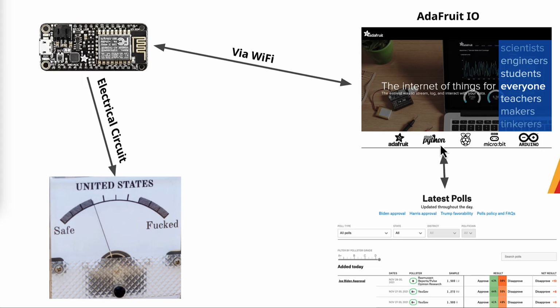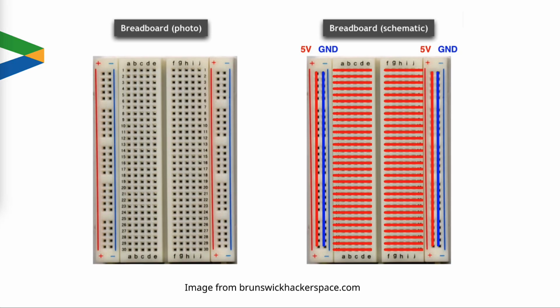And this is how it works. The latest poll results are here on a website that allows you to programmatically access that data. It goes to the Adafruit IO cloud-based website, then is communicated via Wi-Fi to the Feather Huzzah, and then the information is outputted to the servo, which turns the dial to wherever is most appropriate.